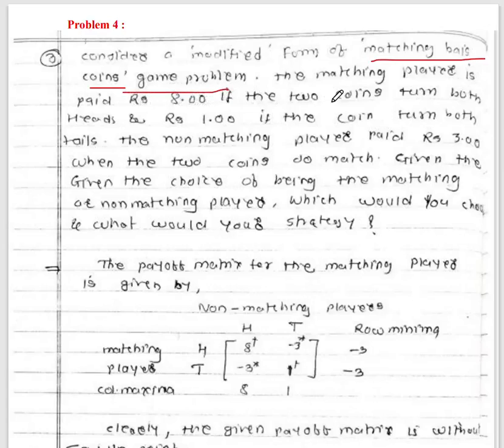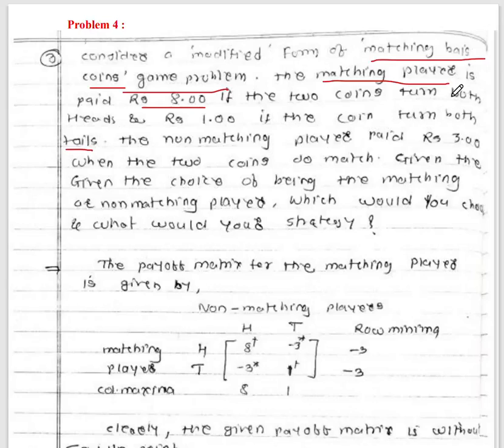The matching player is paid 8 rupees if the two coins turn both heads, and 1 rupee if the coins turn both tails. So this is the data about the matching player.